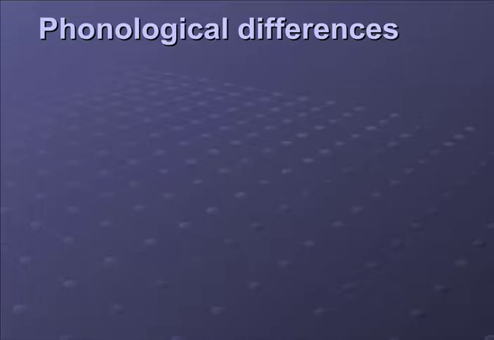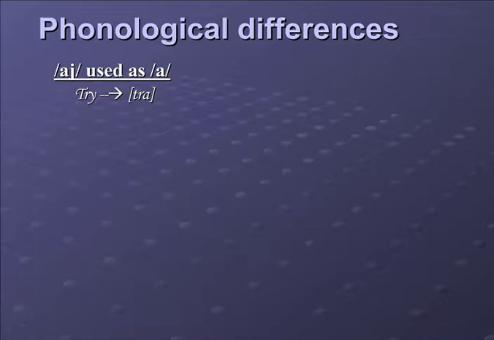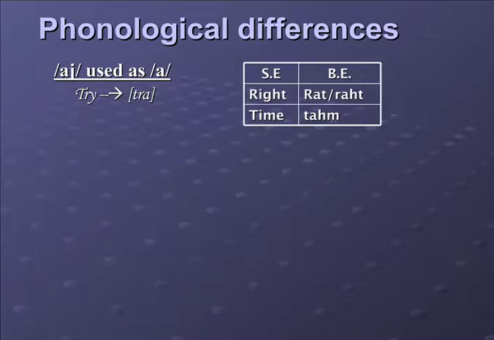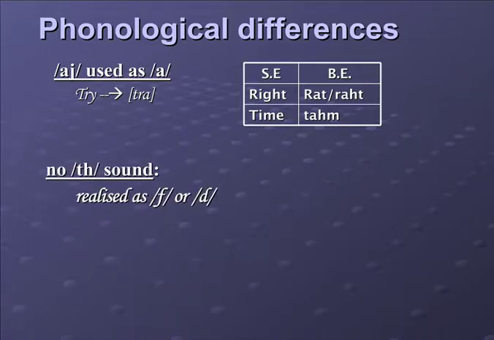Here are some phonological differences between Black English and Standard English. So, for example, in Standard English you'd say right and time, but in Black English Vernacular, it's rye and tam. Another example is that in Black English Vernacular, there's no th sound.